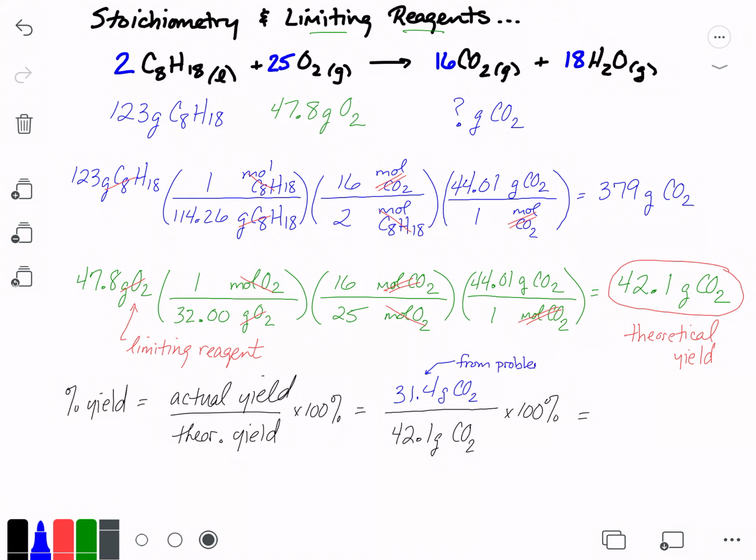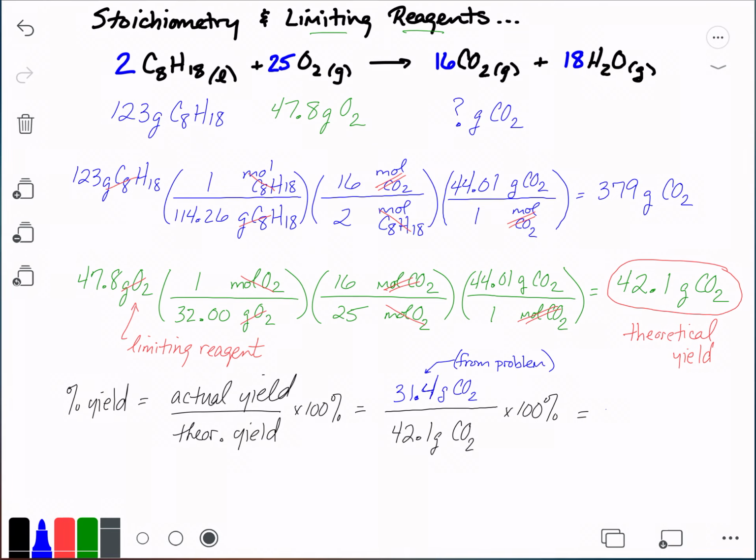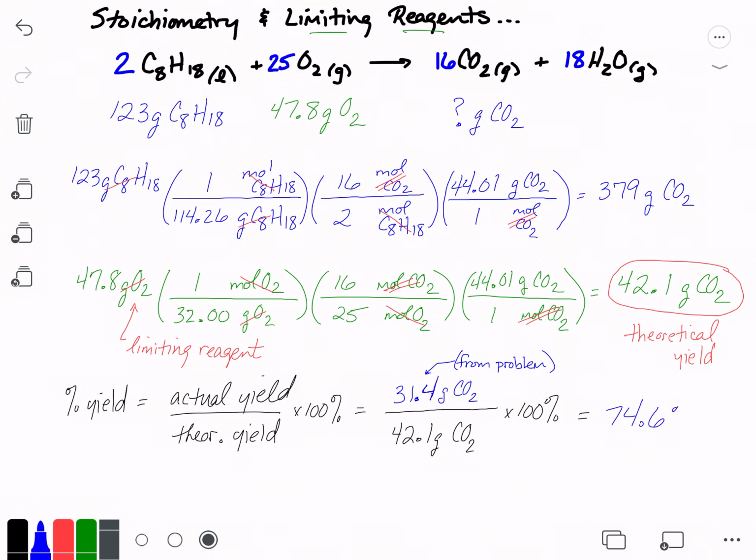This is going to be a given to you. In the lab, you'd measure it on a balance or something like that. In a problem, this is going to be given to you as a number. So we would take 31.4 grams, divide by the 42.1 theoretical yield, and times 100. I get a percent yield here of 74.6%.